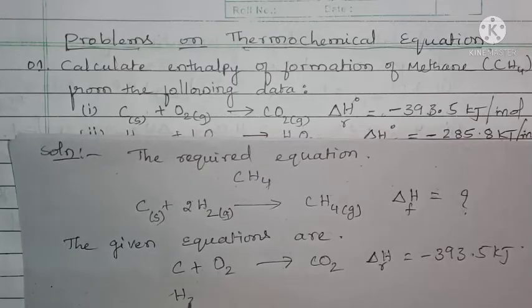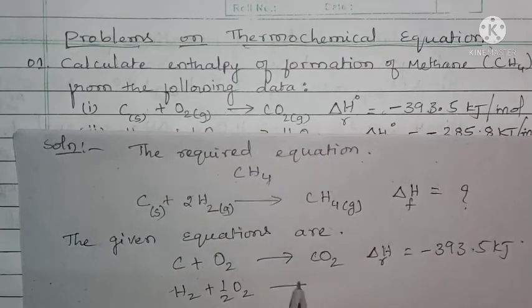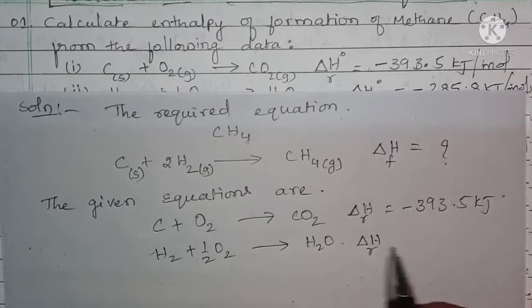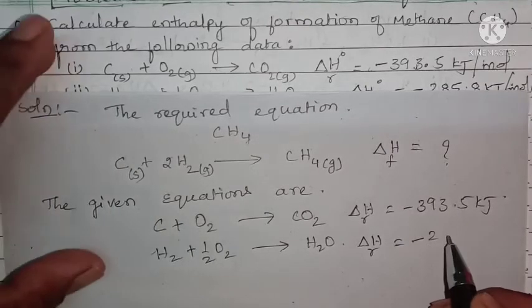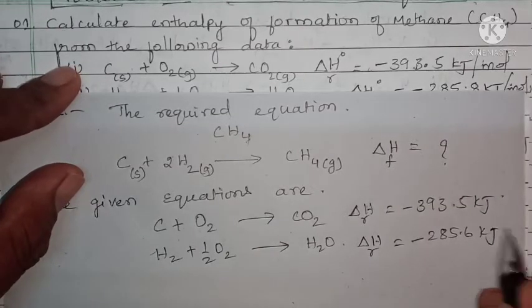Second, H2 plus half O2 gives H2O, enthalpy of formation of reaction is equal to minus 285.8 kilojoules.